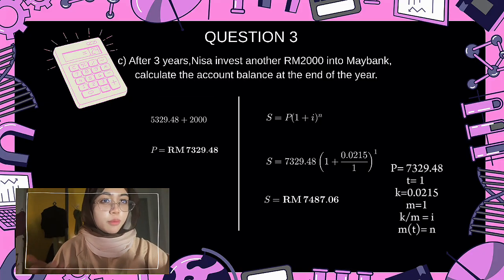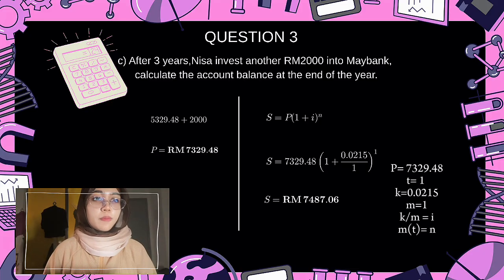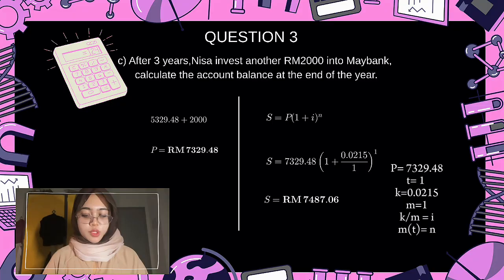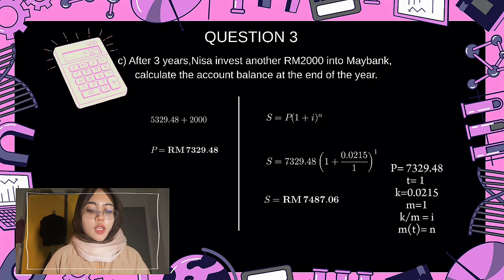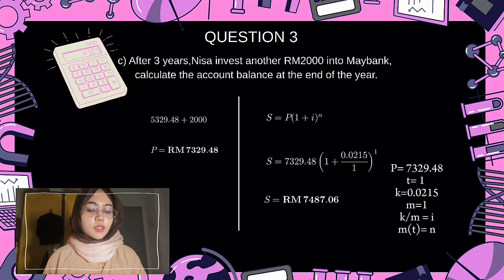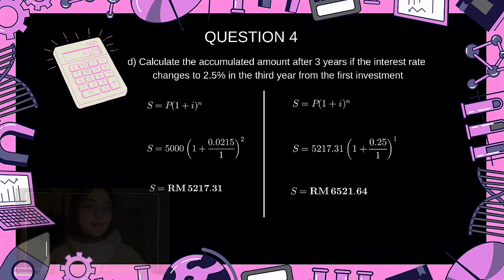After that, we will use the formula S equal to P open bracket 1 plus I close bracket to the power of N. S equals 7,329.48 ringgit Malaysia open bracket 1 plus 0.0215 divided by 1 close bracket to the power of 1, which equals 7,487.09 ringgit Malaysia. At the end of the year, the money will be 7,487.09 ringgit Malaysia.